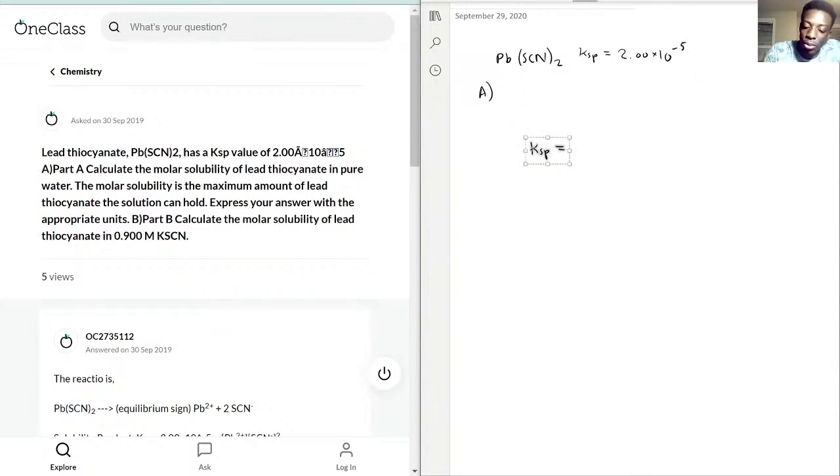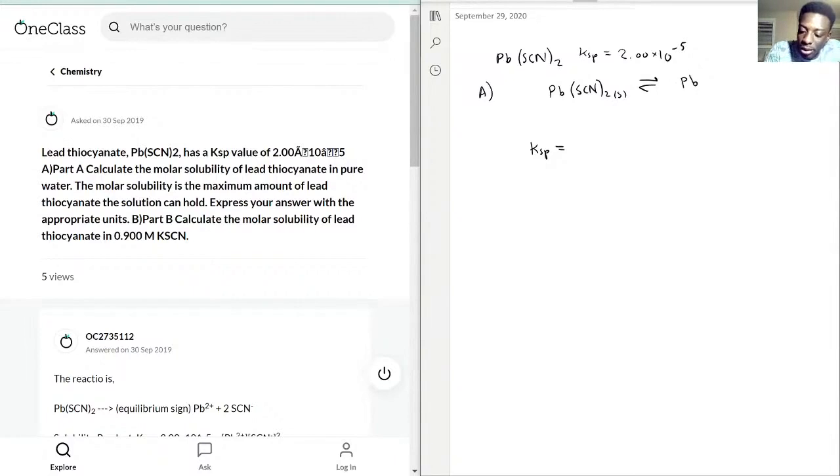Ksp is equal to, actually, before we even do that, let's just move this down here for some space. First, what we need to do is see what that lead thiocyanate breaks down into. So this is what the formula would look like. We have Pb(SCN)2 solid, and when thrown in pure water, it's an equation that goes back and forth.